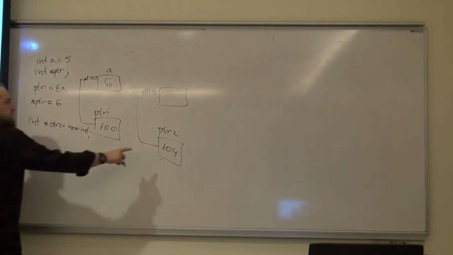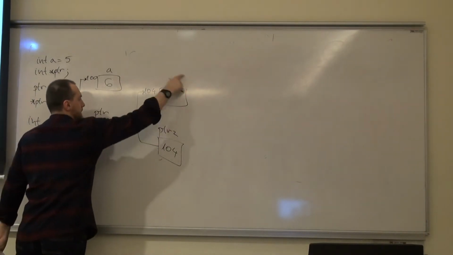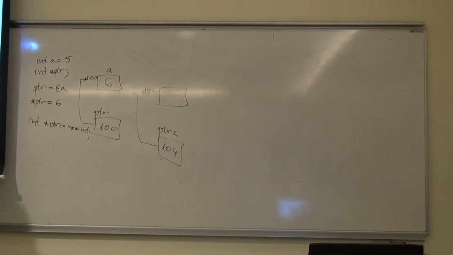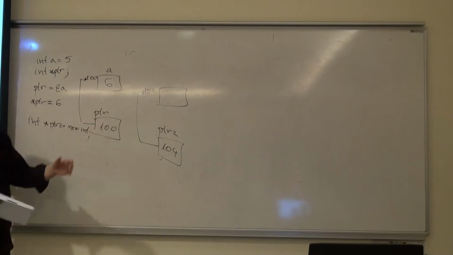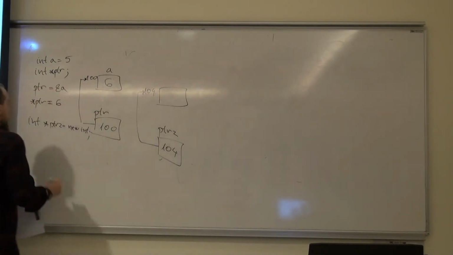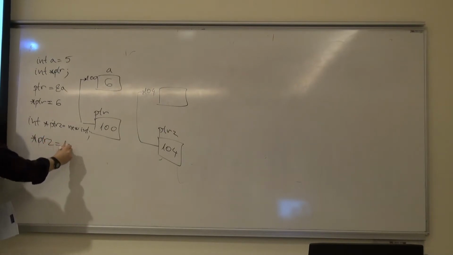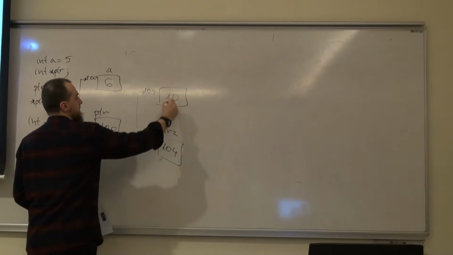If I want to change the value of this variable, which has no name, it's a kind of homeless man that you just pick from the street and give him a home to live, and you say, okay, I don't know his name, but I know his address. Okay, this is something like that. And if I want to change the value of 104, of course, we do, as we did previously. Star ptr2 is equal to 10, let's say. And I have 10 here.